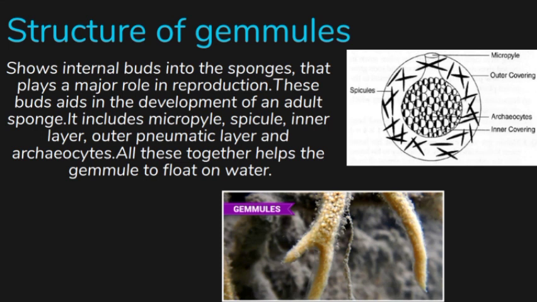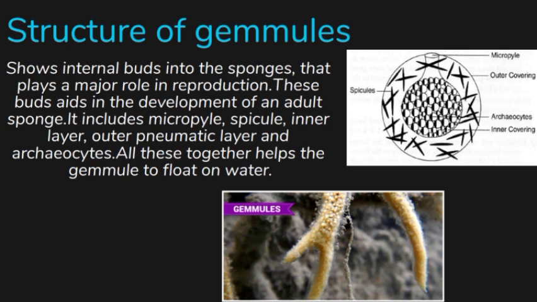Next, we are dealing with the structure of gemmules. I have shown there the structure of a gemmule that can be seen in the sponges. As I said before, they are bud-like cells, and these are the small buds that can be seen in the sponges. The next figure shows the different parts or layers of this ball-like structure, the gemmule. It shows internal buds in the sponges that, as we said before, play a major role in reproduction.